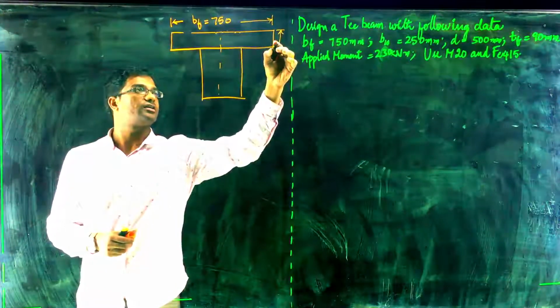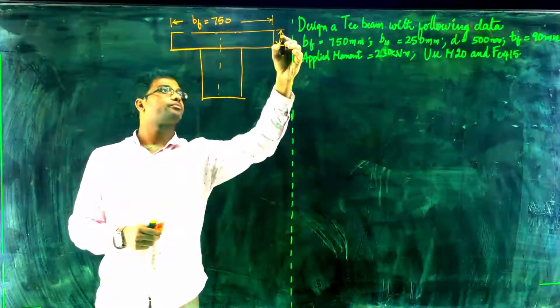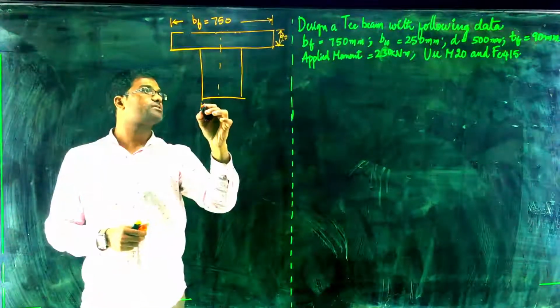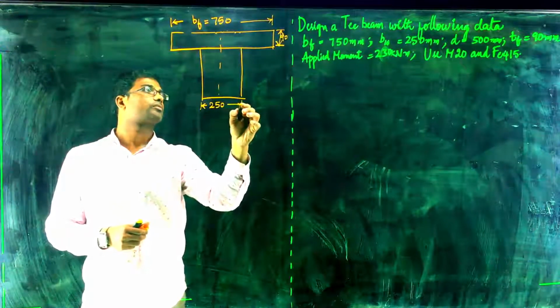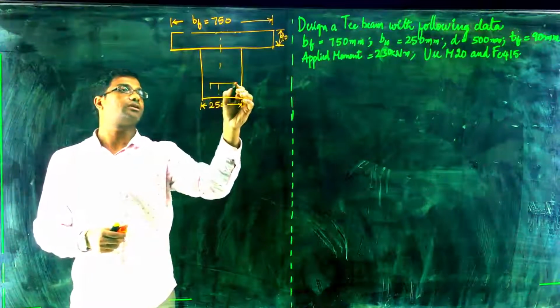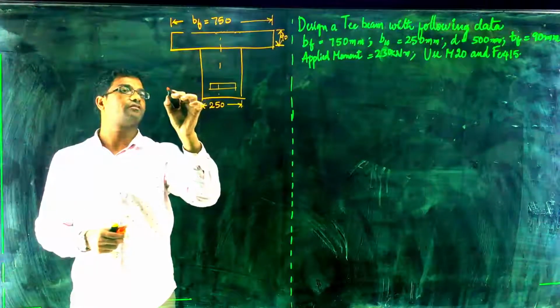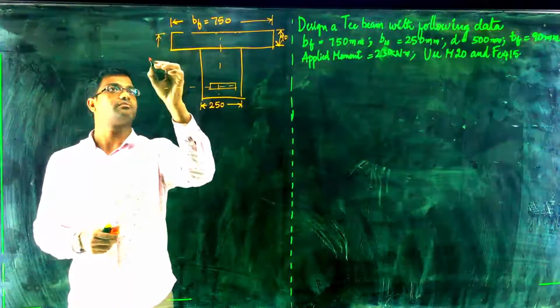The depth of flange is given as 90 mm. The breadth of web is given as 250 mm. And the effective depth is given as 500.